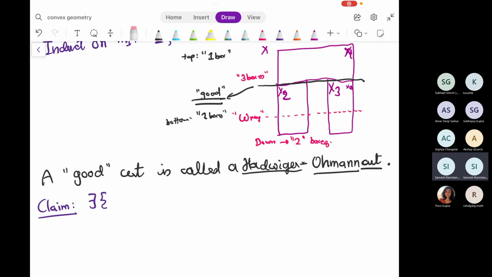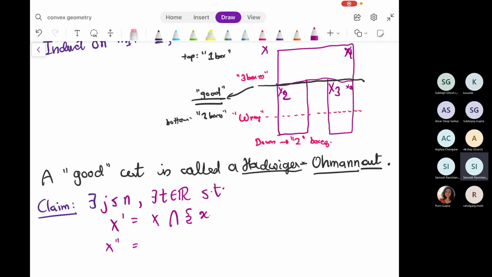So you can find a particular coordinate, say J, which is less than or equal to the number of dimensions n, and you can find a T in R, the so-called level of the cut, such that if you consider these two quantities, X prime and X double prime, which are basically the boxes above and below, that would be X intersected with everything above T with respect to the jth coordinate, and everything below T with respect to the jth coordinate.